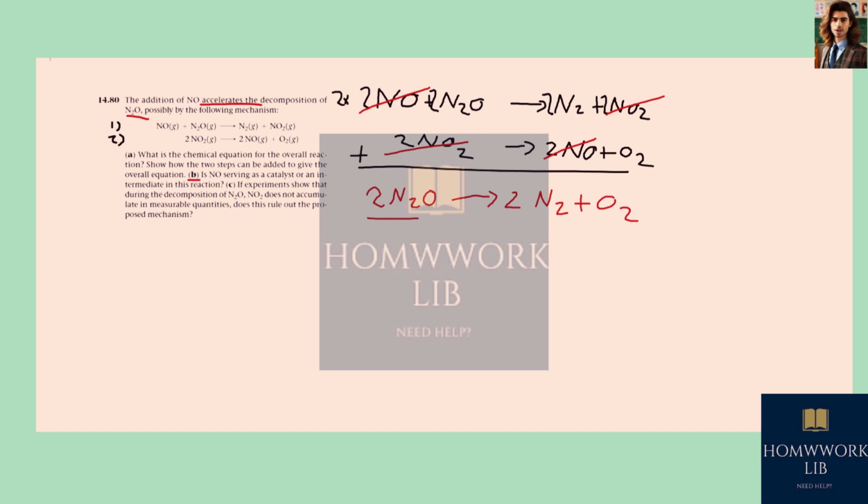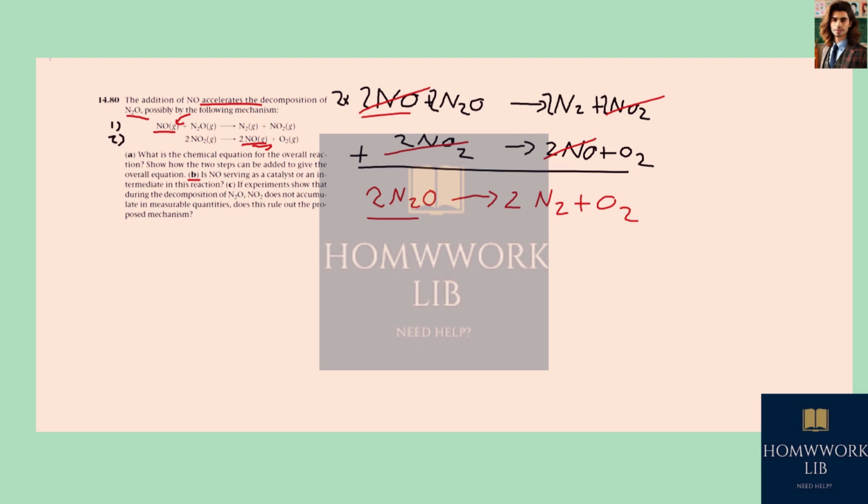What happens to NO? Our NO is over here in the reactants and over here in the products. So NO gets into the reaction, and after the reaction completes, it gets out without being changed. So this tells us NO is a catalyst.